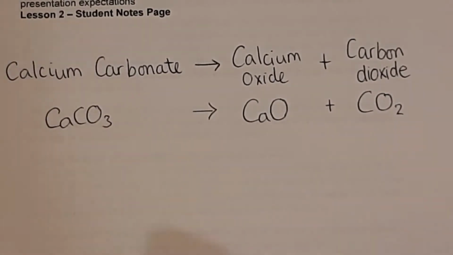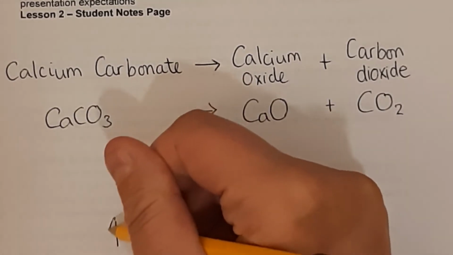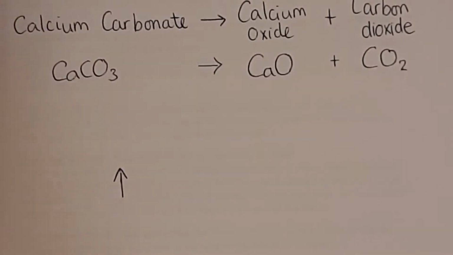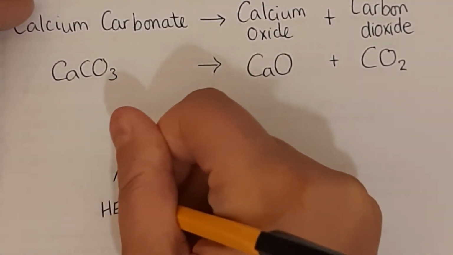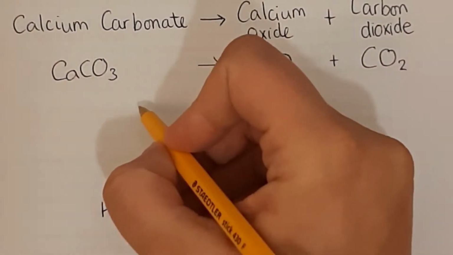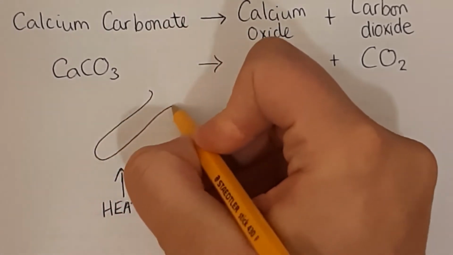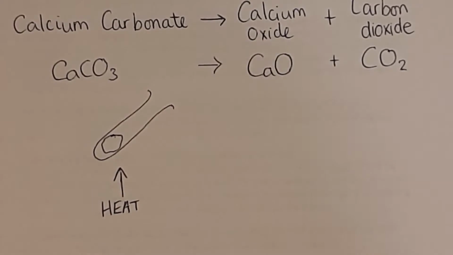So the way that this reaction occurs is typically we will have a heat source. Okay, and we'll have our lump of calcium carbonate inside a boiling tube. Okay, like so.